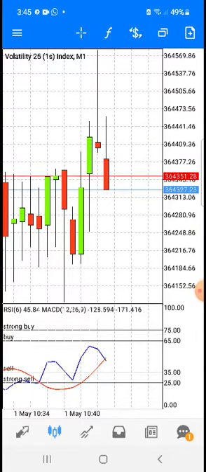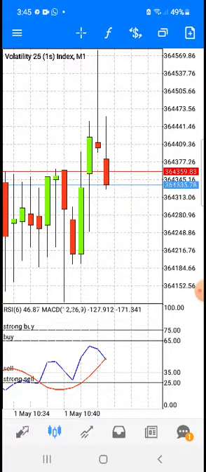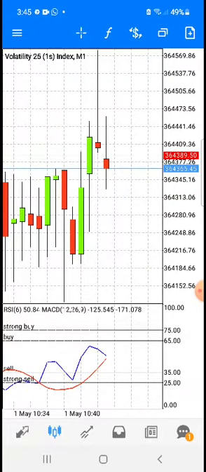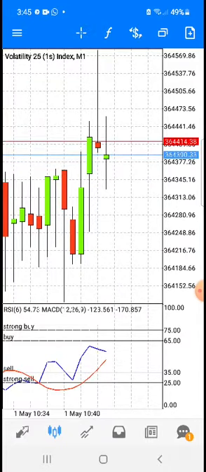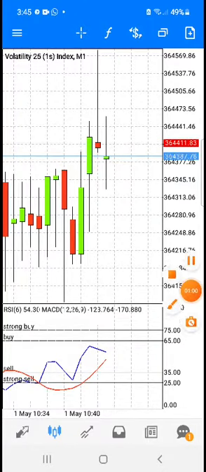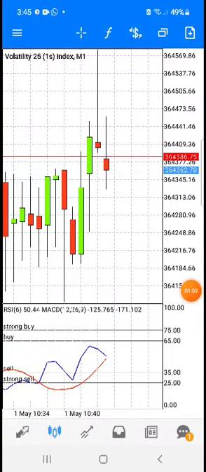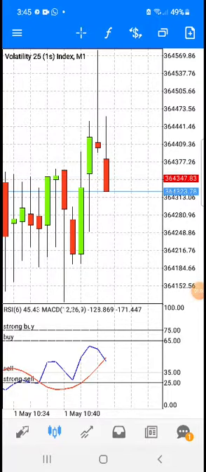The bullish engulfing pattern is a two candle reversal pattern. The second candle completely engulfs the real body of the first one, without regard to the length of the tails or shadow. It means that we will not consider the shadow of the candle, we will just consider the body.